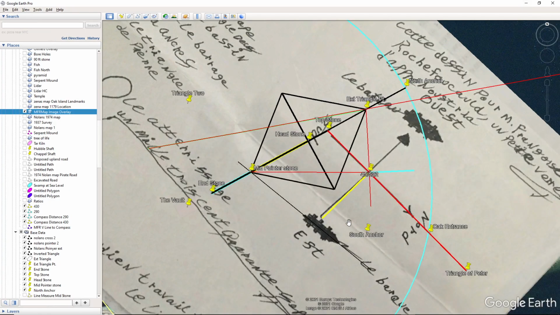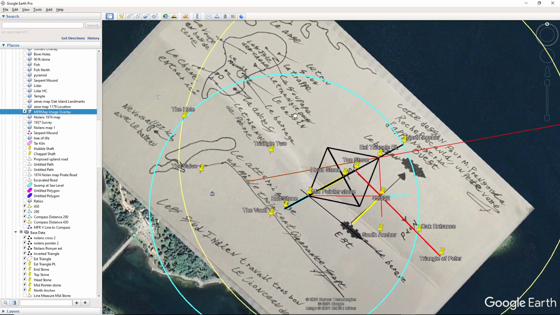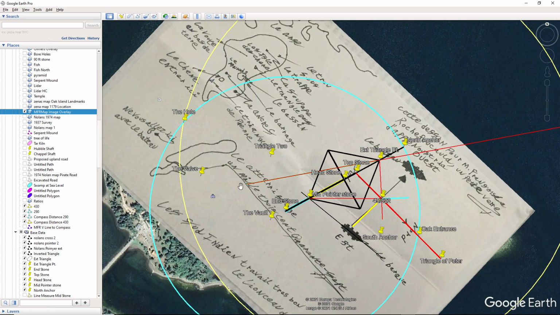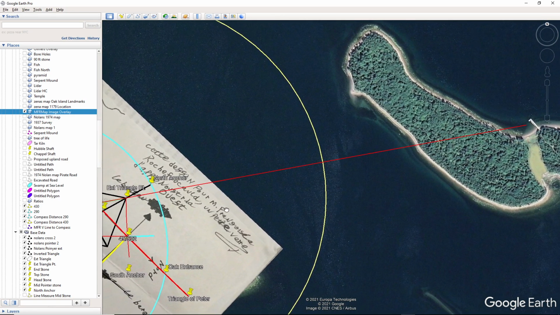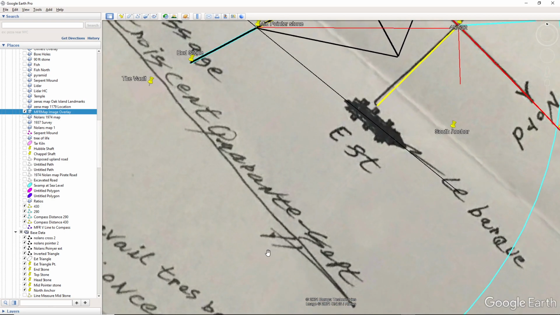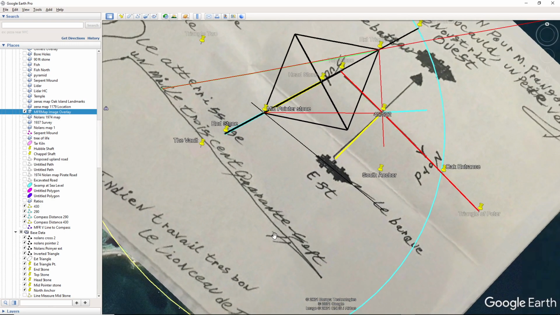So what we have here is this Rochefoucauld map at the scale of the 1443, which is this. And we know that from going to there, it can only line up one way. And the sizing of it is set by the distance from the extension triangle to this line, which is given by this clue right here.